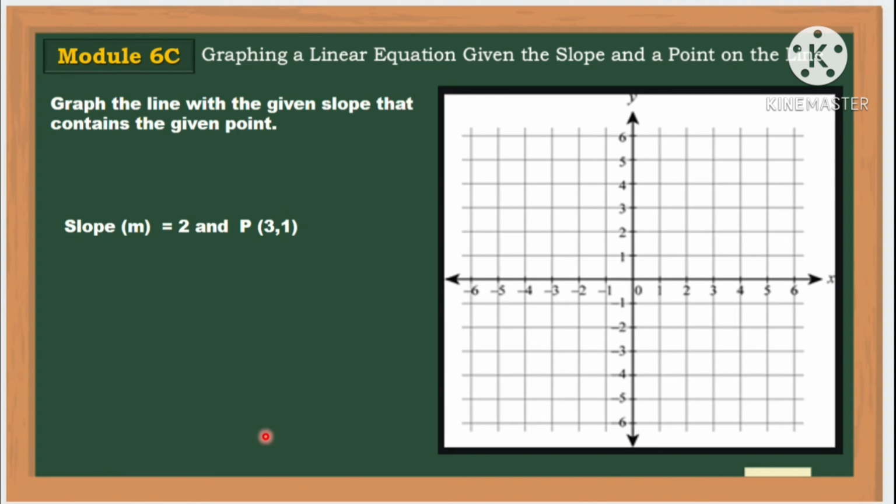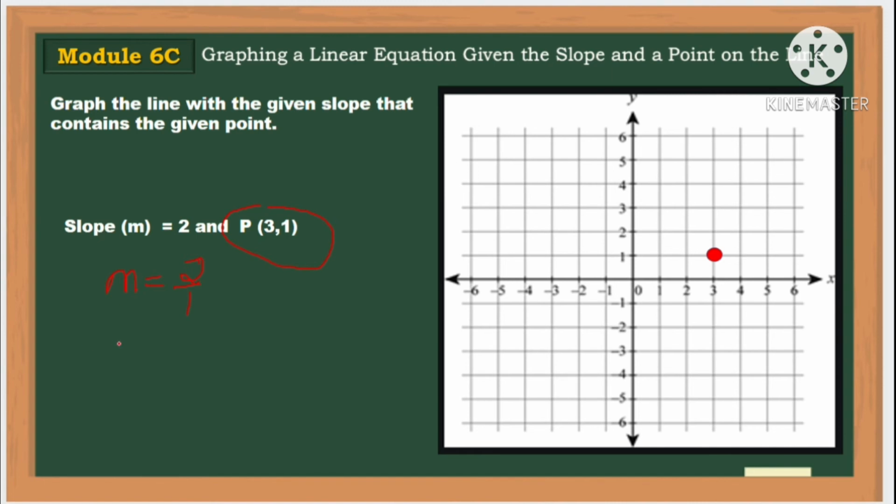Okay? So we have here, graph the line with the given slope that contains the given point. The slope is 2, meaning the slope is 2 over 1. The point is 3, 1. So we're going to locate this point 3, 1. So x is 3, then y is 1. So here's the point. Now, the slope is positive.